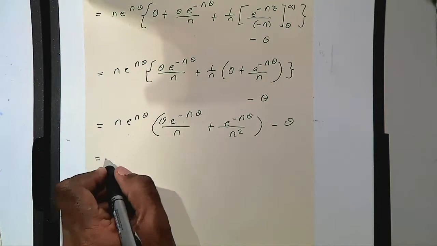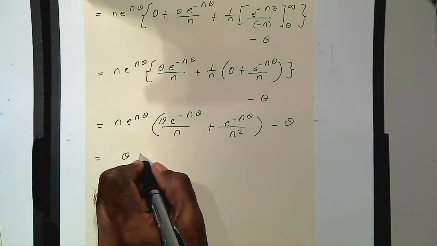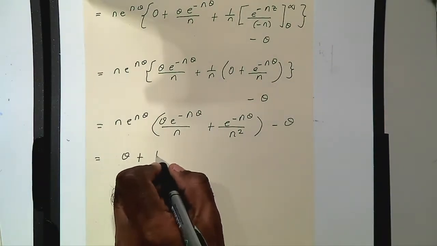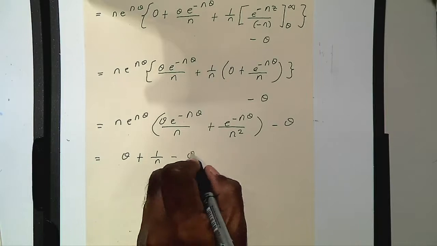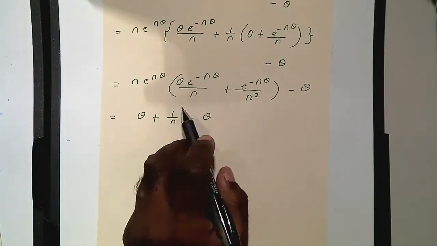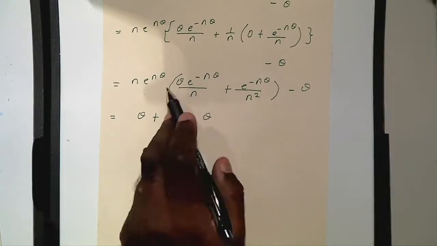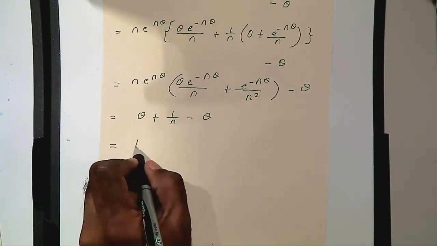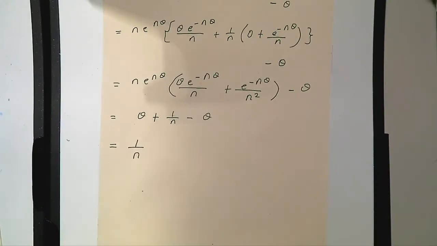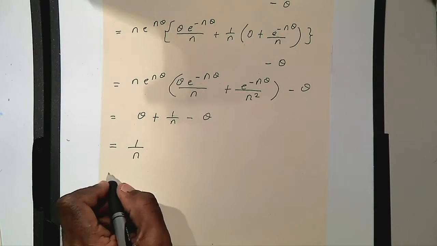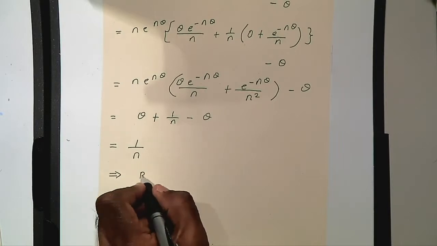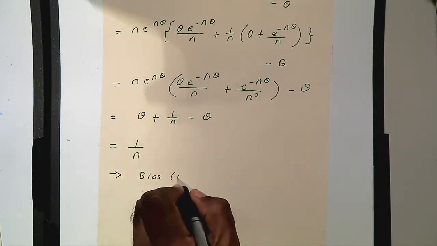So this would be theta plus 1 over n minus theta. Correct me if I'm making any mess up like before. So n and n cancel, so this is 1 over n.